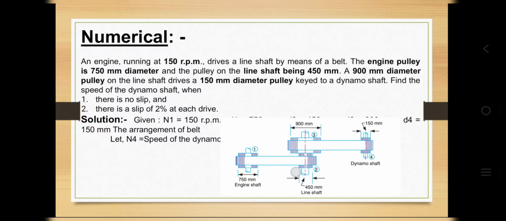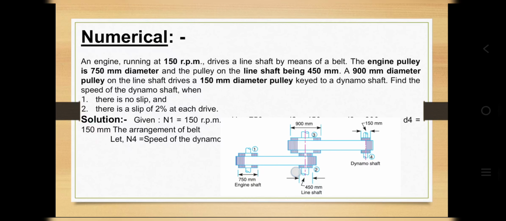In the above numerical, what was given? D1 is given, that is the engine shaft diameter. Second, the line shaft, on which there are two drives. The first drive is D2, and the third drive is D3.